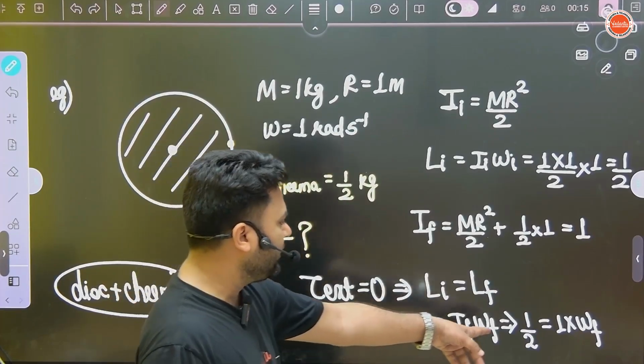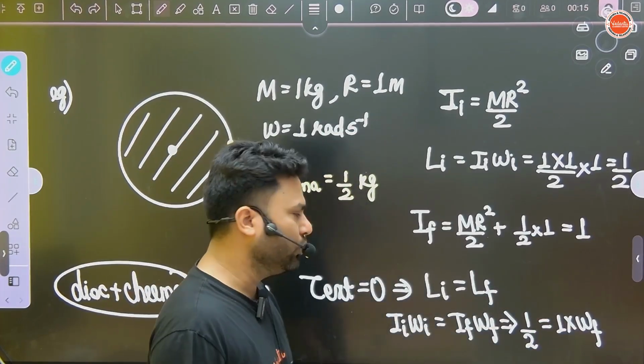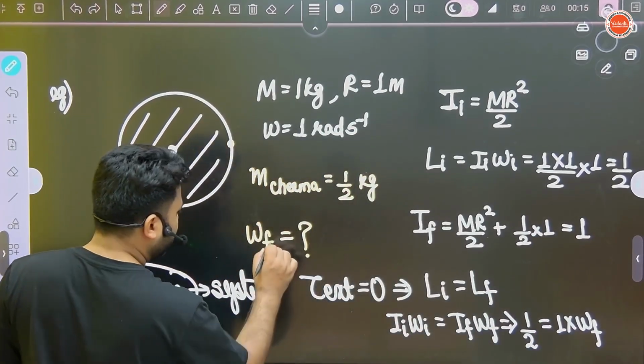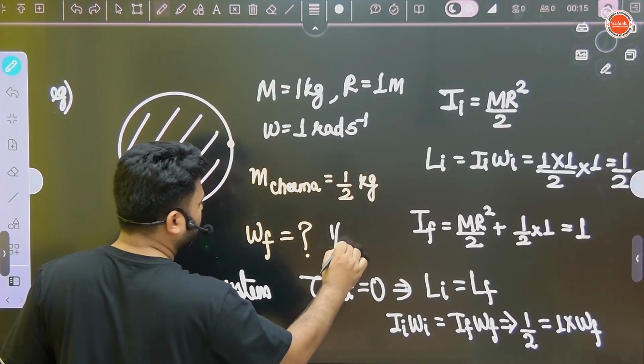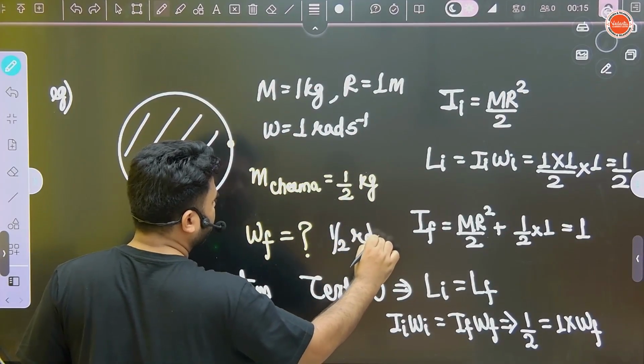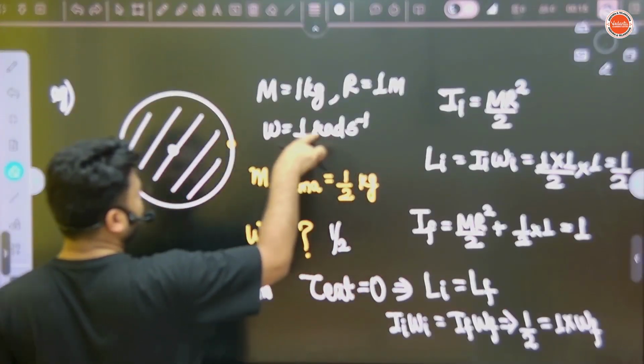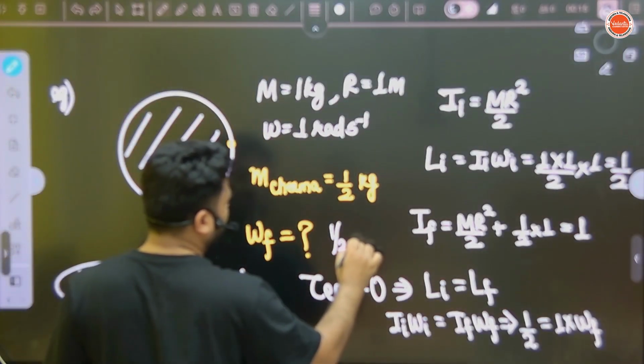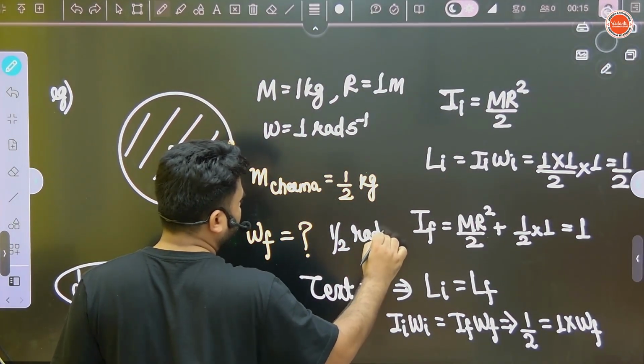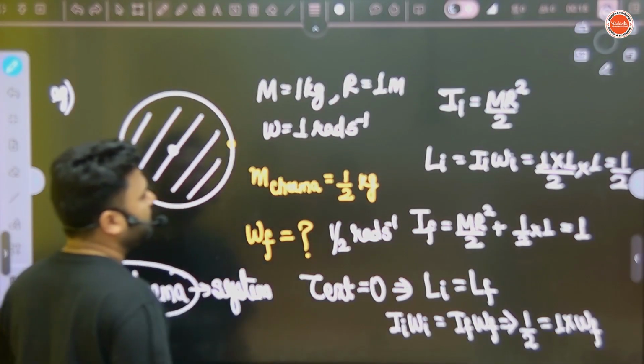So omega final will come out to be 1 by 2. So finally, the final angular velocity will become half radian per second. Initially it was 1 radian per second. Now if you put that chima, it will become half radian per second.